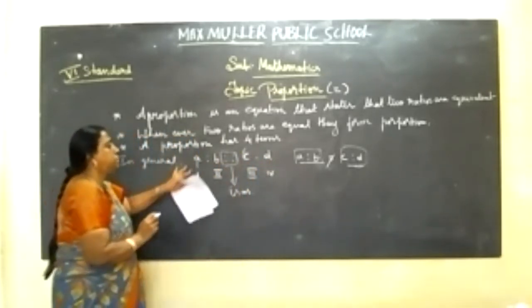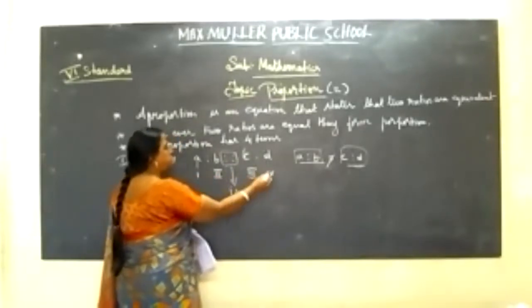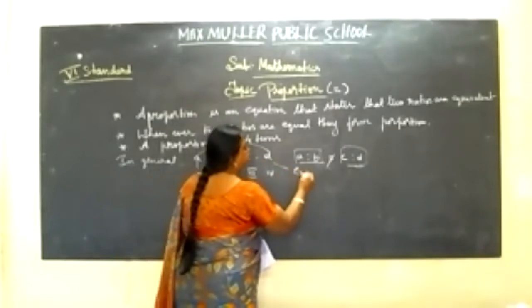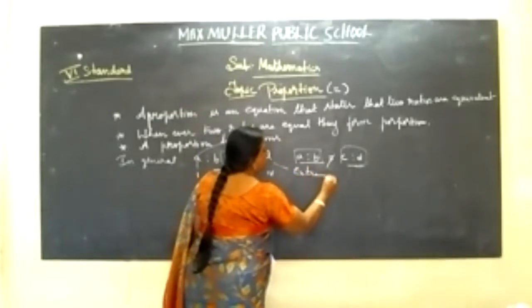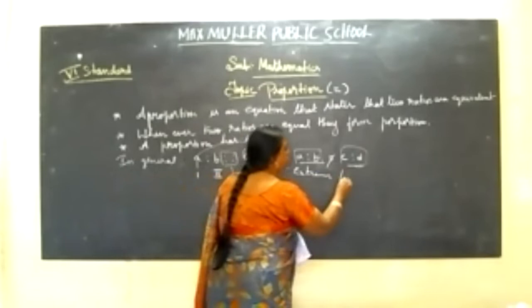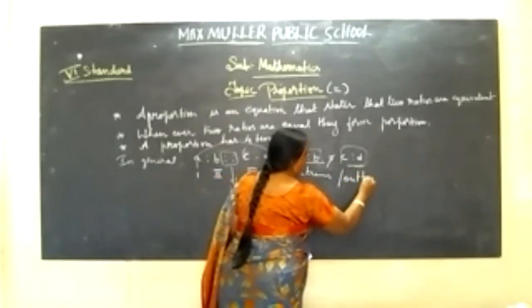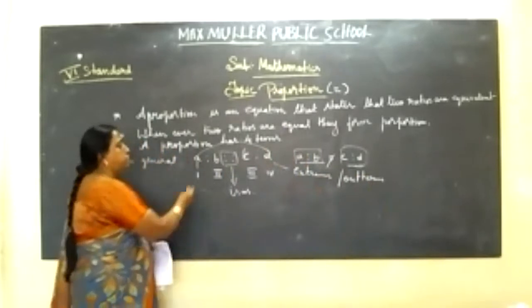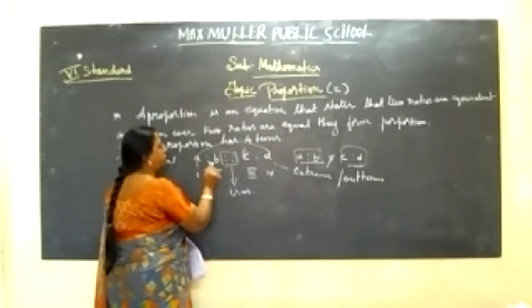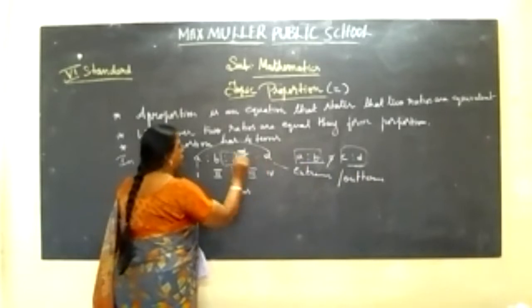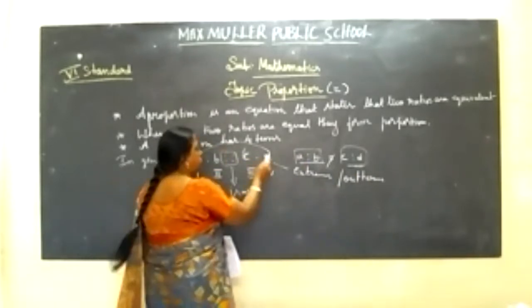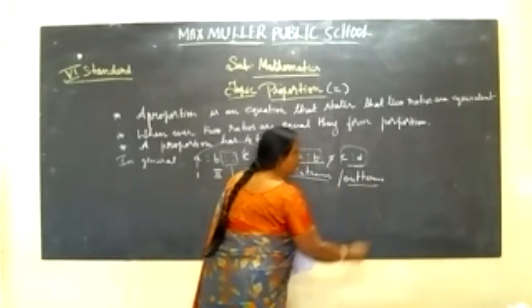So the first term and the last term, that means the fourth term, these two terms are called extremes, or you can say outer terms. In general, there are four terms: first term, second term, third term, fourth term. The first and fourth terms are called extremes or outer terms.